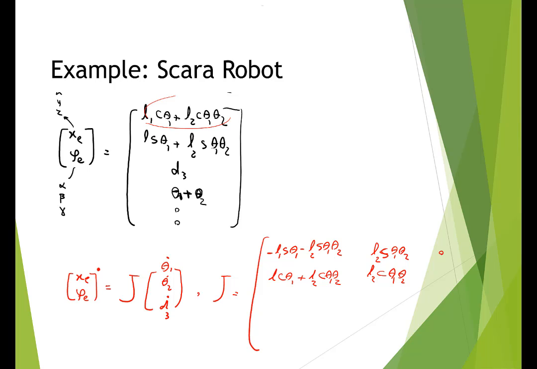Sorry, this was sine. And the last one, d3, with respect to theta 1, 0, 0, and with respect to itself is 1. Finally, for the last one, the derivative with respect to theta 1 is 1, 1, 0. This is our Jacobian, and plugging it into this equation, we can calculate the forward velocity kinematics.